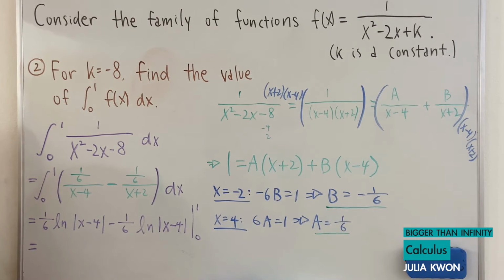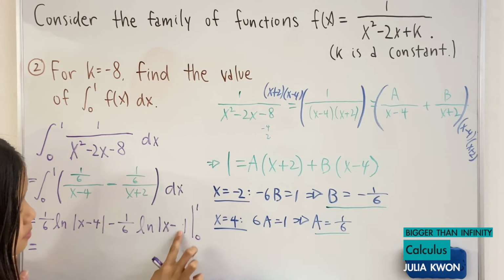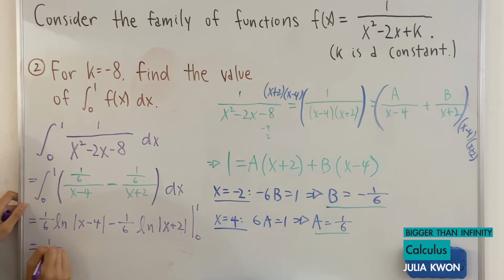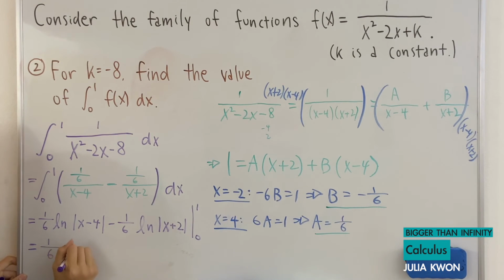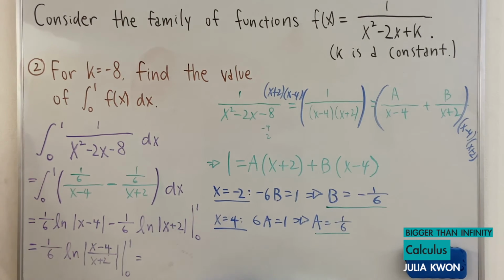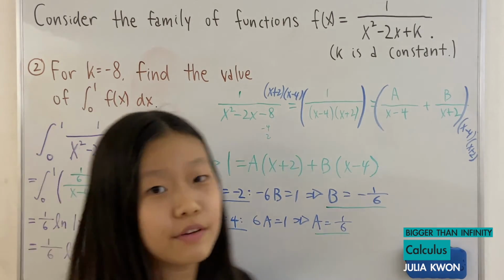The law of logarithms says if we have a negative here, then we can turn this into a fraction. Oh, I'm so sorry. This is supposed to be plus 2. And therefore, we would have 1 over 6 multiplied by ln of absolute value of x minus 4 divided by x plus 2 from 0 to 1. And now we can finally put in our x values.